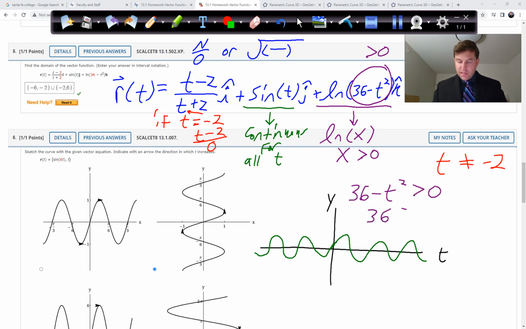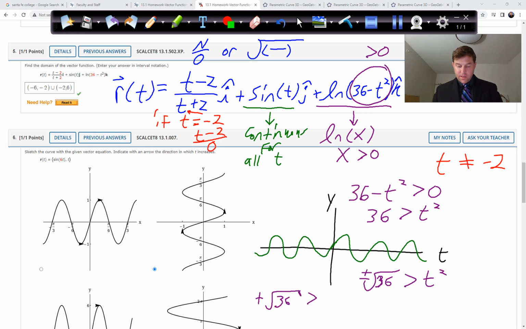Add t squared to both sides, and then take a square root, adding a plus or minus to both sides. And this is interesting. This is actually going to give us two equations. The positive side will keep the direction of the greater than sign the same, and the square root of that becomes t. And when I take the negative square root of 36, I have to flip the inequality.